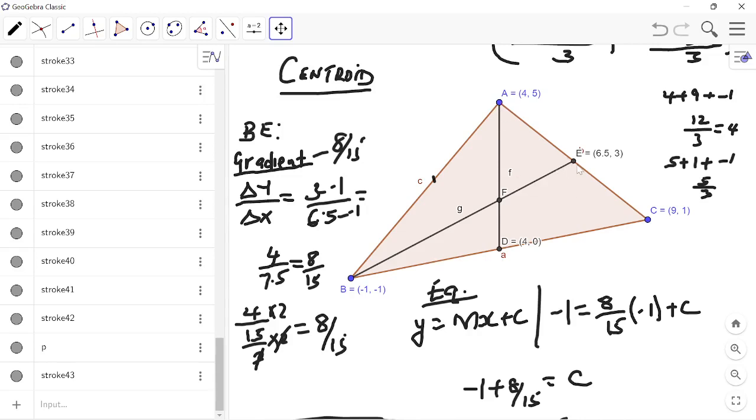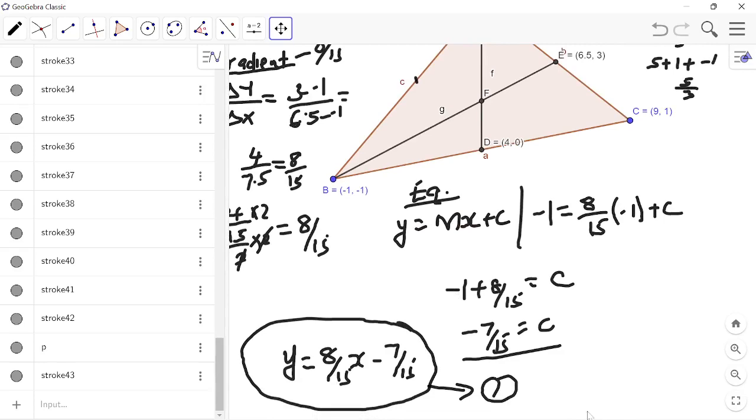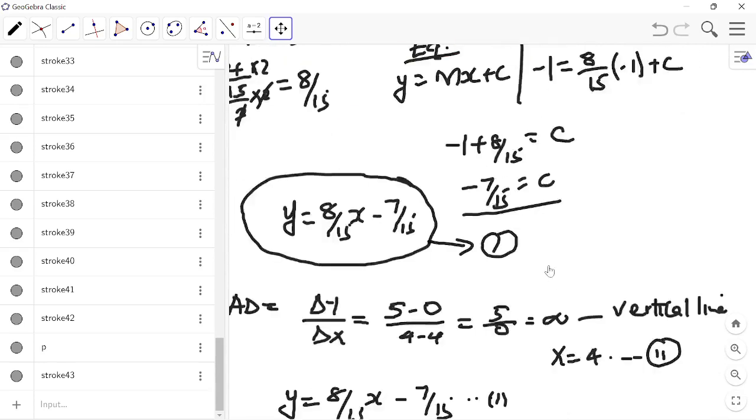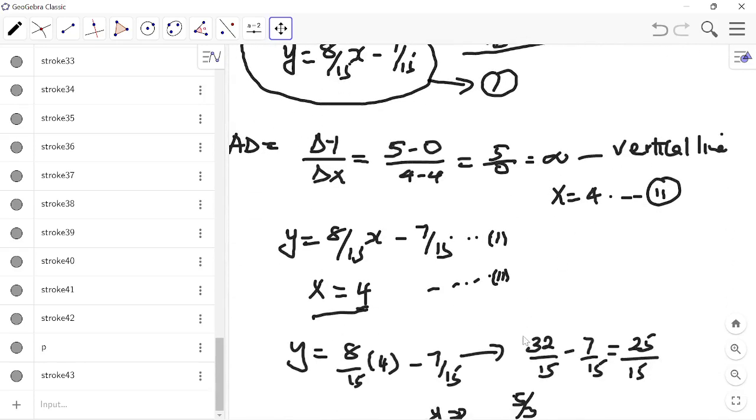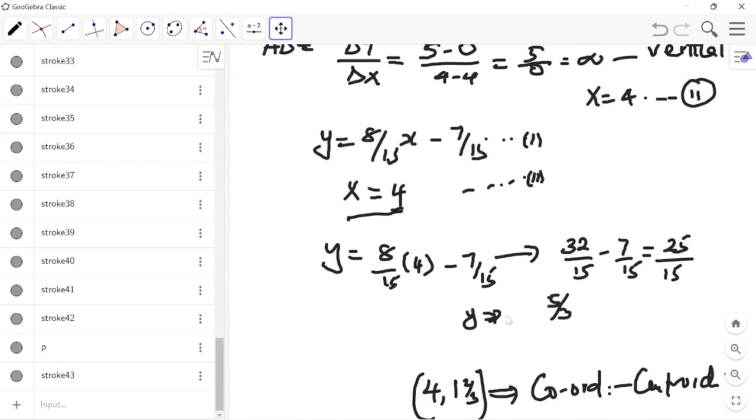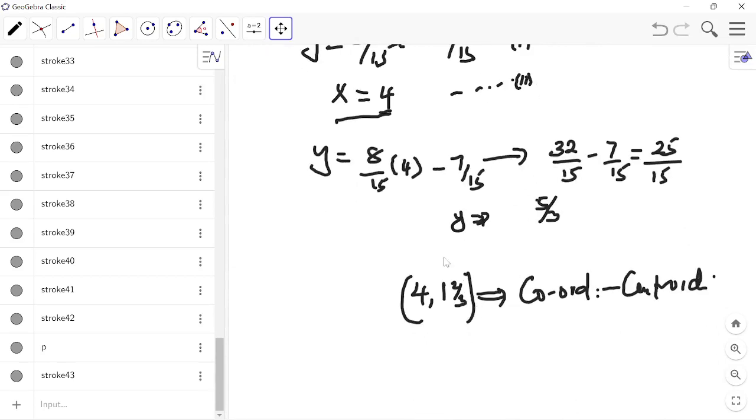Pick the midpoint of the second side, connect it to the vertex, and then get the equation of each line. So you can get BE and AD, and then from there solve the two equations simultaneously. When you solve them simultaneously, what you get will be the coordinate of the centroid.